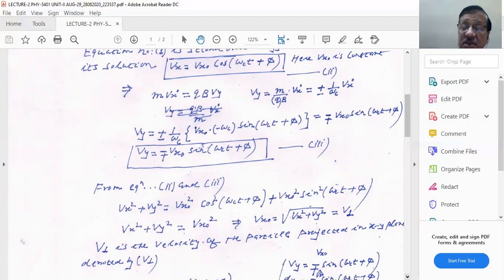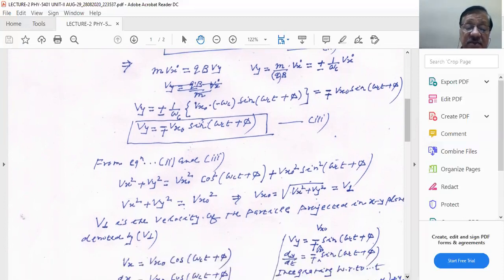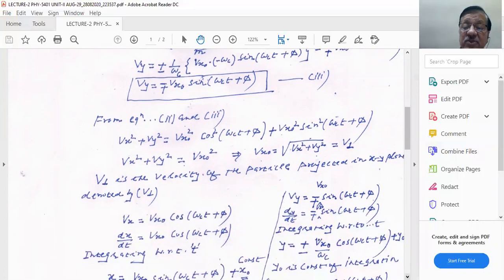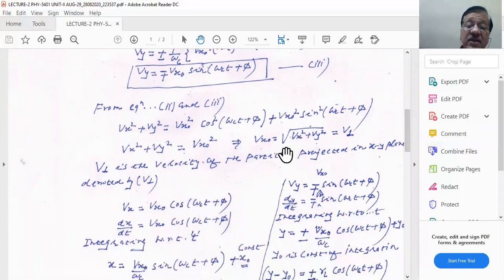Once you define Vx0, it is basically the square root of Vx square plus Vy square, which is V perpendicular, and V perpendicular is the velocity of the particle projected in the xy plane.